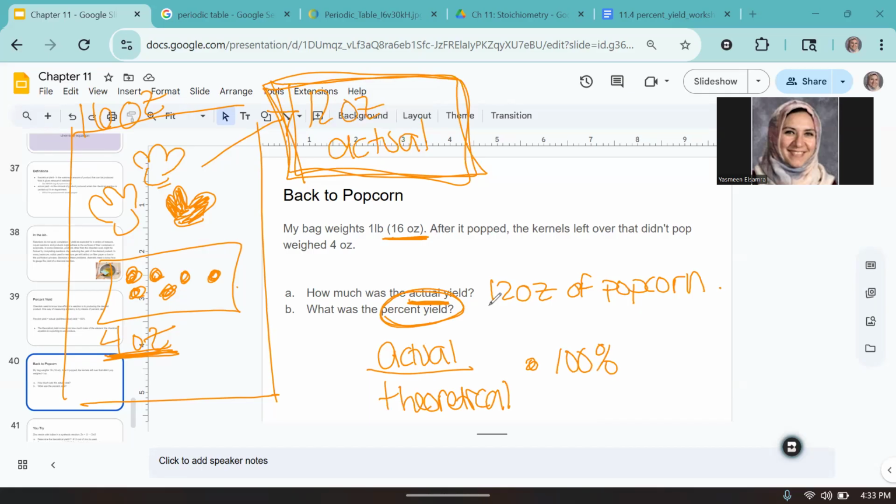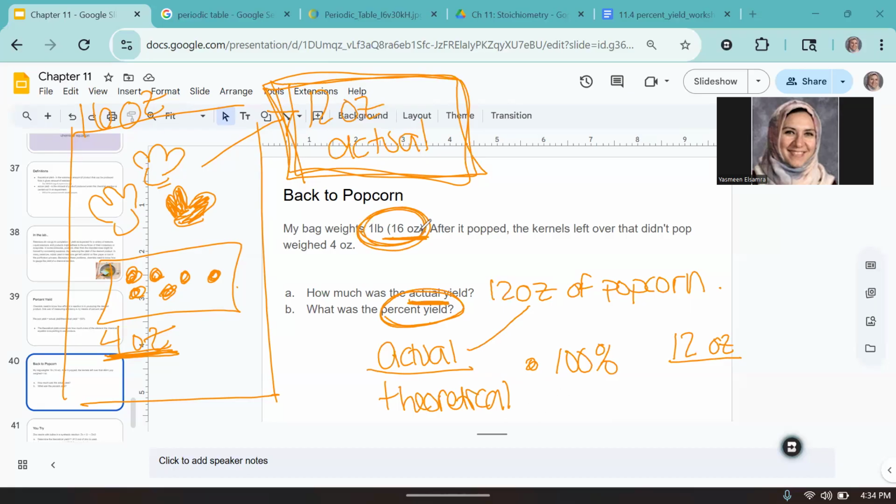Okay, so my actual yield, how much actually came out, and these always need to be in mass, and mass is in grams. So how much actually came out was 12 ounces. What theoretically should have come out? Well, my bag weighed 16 ounces.